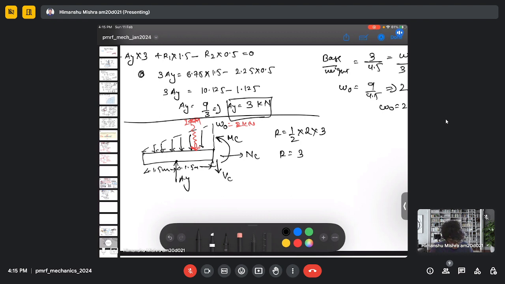So my R is 3 kilonewton. So here the resultant force is 3 kilonewton, and the distance from the centroid to the base, which is point C, is 3 by 3, which is 1 meter. So this is 1 meter.